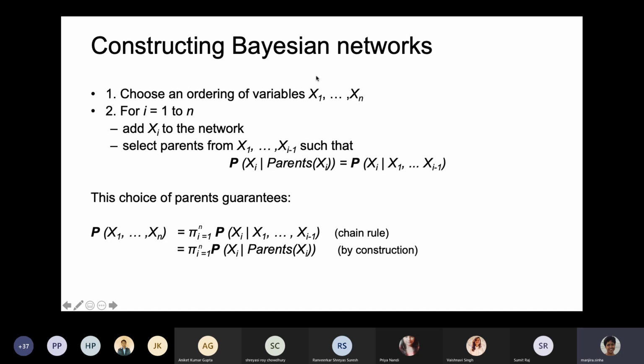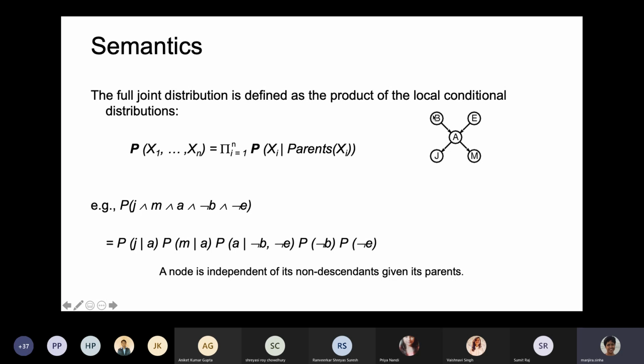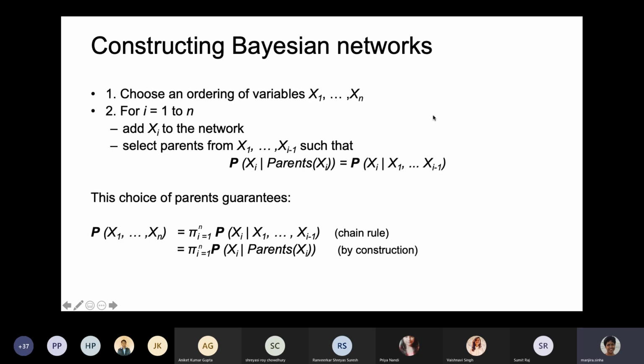So say first we add x1, and then what do we need? We need a node and its parents, right? Because the probability of a node depends on the probability of the parents. So for example, we add x3. We now need to select the parents from x1 and x2, such that P of x3 given the parents of x3 will be equal to P of x3 given x1 comma x2.